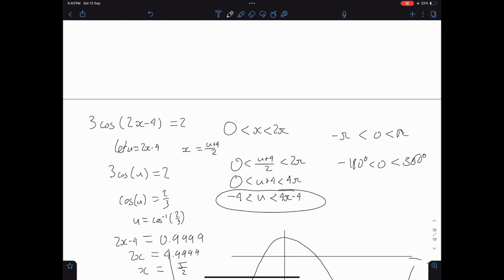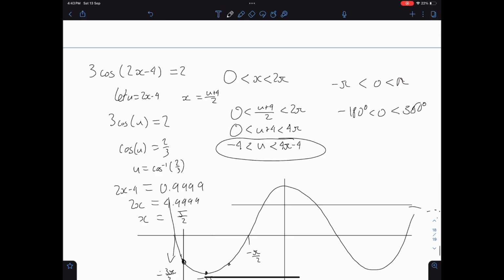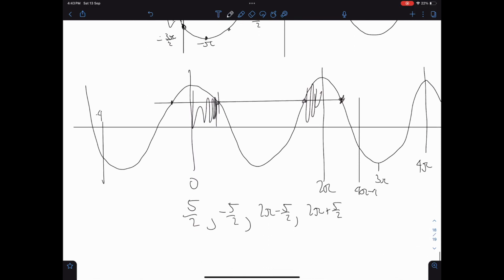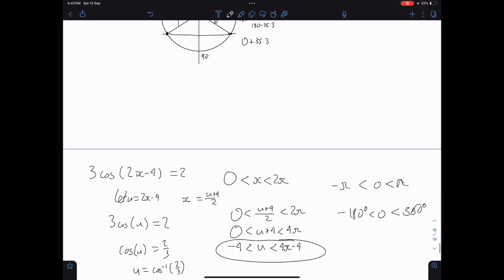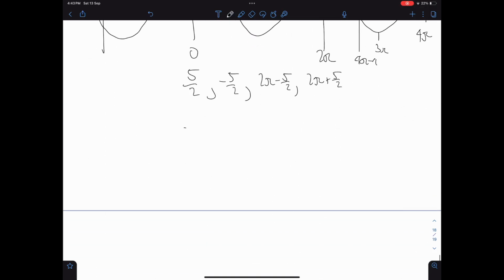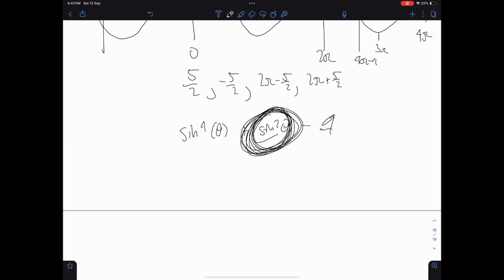But the most important thing I would say is look out for the domain and get all the solutions. Don't forget to plus minus square roots if you have to, especially when it's something like sine 4th theta plus sine squared theta plus 9. Don't forget to plus minus the square root. I don't know if this has a positive discriminant or not, doesn't matter, but you often need to not forget to do the square root there.